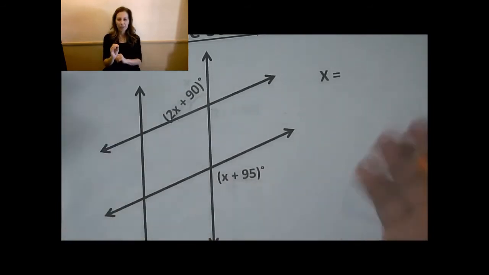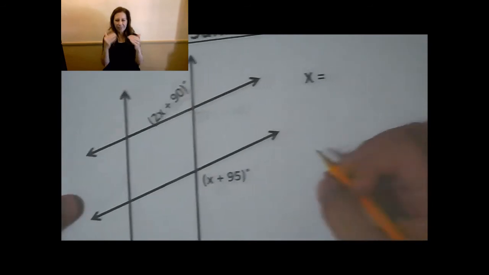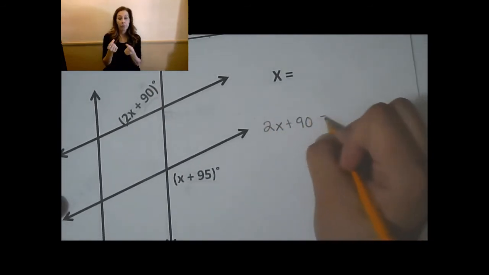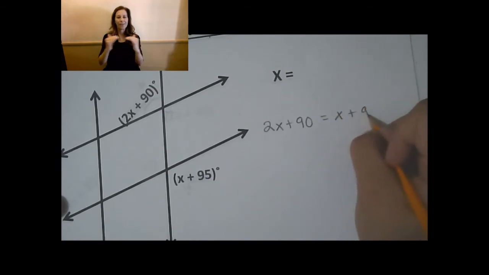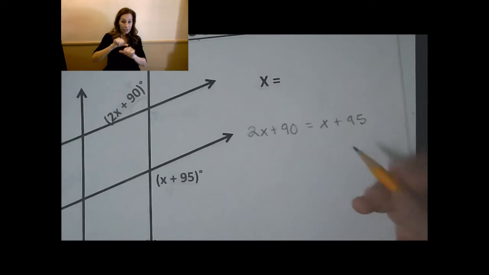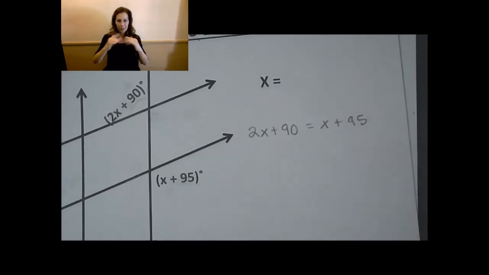If they equal each other, how does that make sense? Well, you set them equal to each other and solve for x.